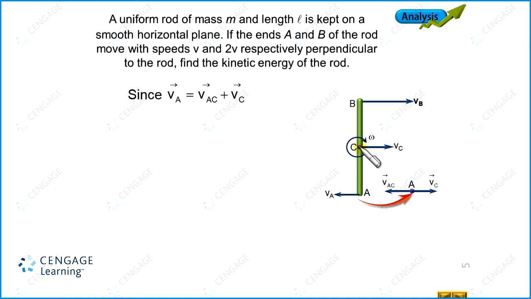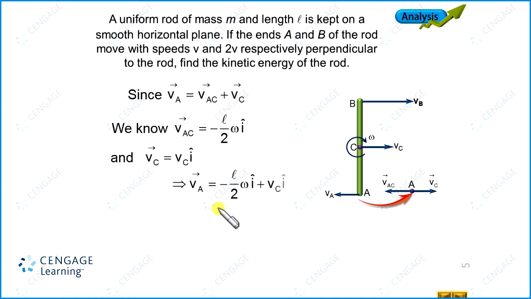Now the distance of point A from the center of mass is L by 2, and the angular velocity we assume as omega. That means this vector will have the magnitude omega multiplied by L by 2, and direction is minus i cap. So we can write VA with respect to C equal to minus L by 2 omega i cap, and obviously this is the positive x direction, so the VC vector equals VC i cap. Now we can substitute these values in this equation.